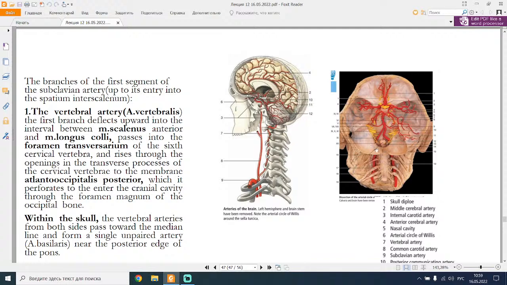What you see: arteria vertebralis and arteria basilaris.